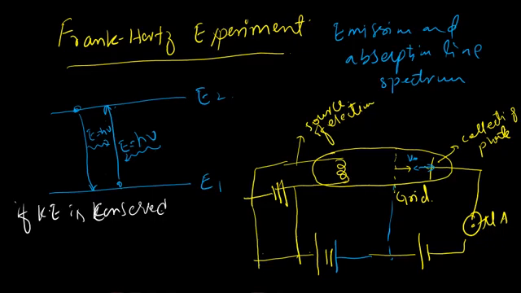the electron collides with one of the atoms in the vapor. When the electron collides with the vapor atom, the electron nearly bounces off. The vapor atom is larger in size, the electron is smaller in size, so when the electron collides with the vapor atom, it bounces back.